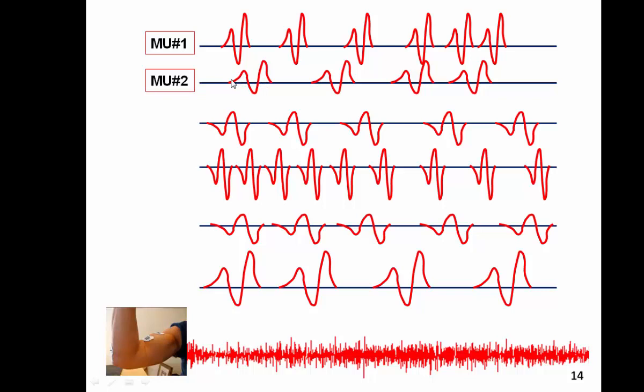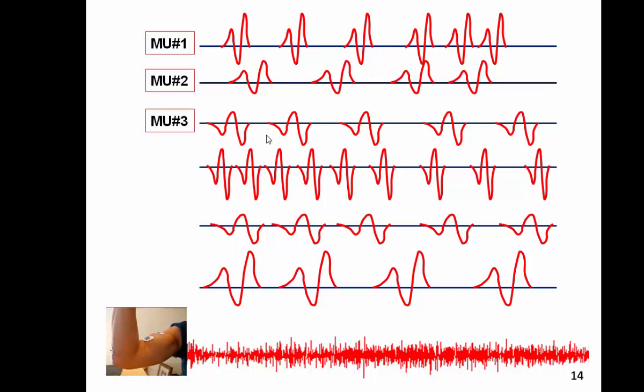So with this motor unit over these muscle fibers, it's a slightly longer action potential that's recorded. It's not discharging at the same rate, but because the action potentials appear closer in time, the activation of this motor unit also starts to increase in frequency.